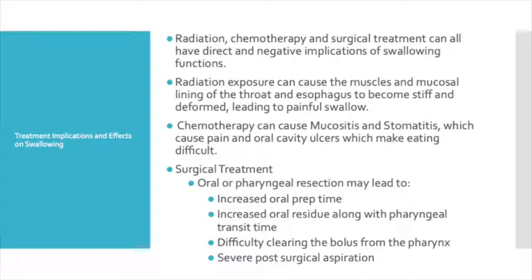Chemotherapy can cause mucositis and stomatitis, which can cause pain, and oral cavity ulcers, which make eating difficult. And surgical treatment can lead to increased oral prep time, increased oral residue, along with increased pharyngeal transit time, difficulty clearing the bolus from the pharynx, and severe post-surgical aspiration.